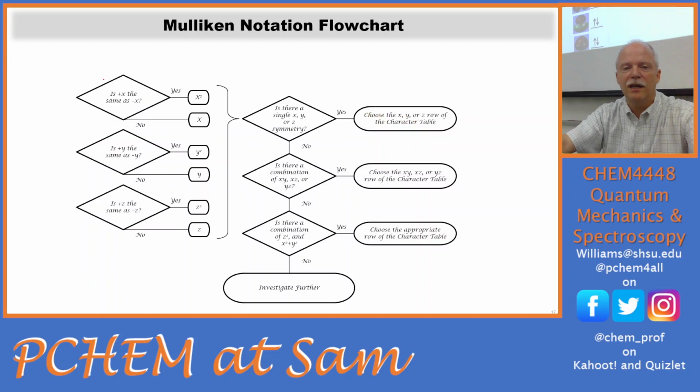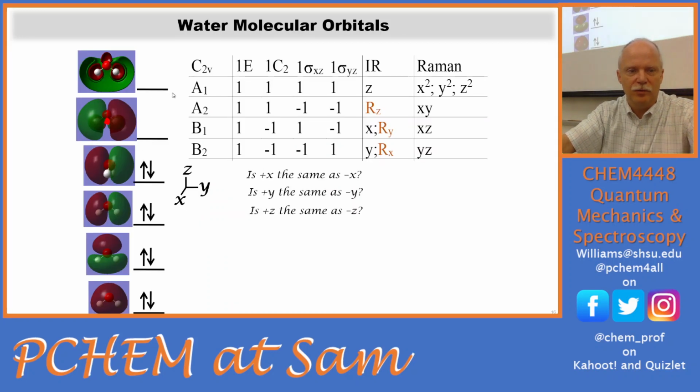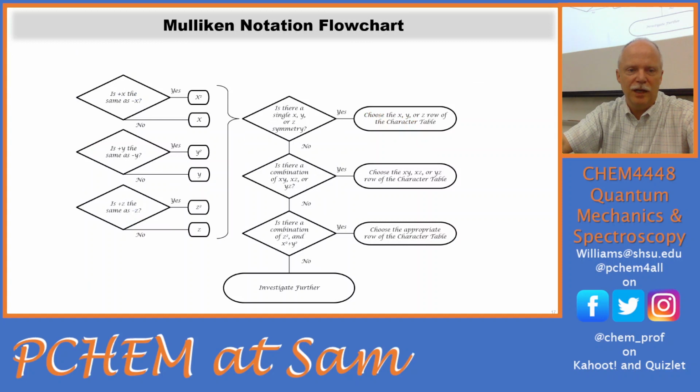What we're looking at in this flow chart is, is the positive X and the negative X direction the same? Yes, it might be X squared. No, it's X. In this particular orbital, yes, it was the same. I look out in the X direction, it looks the same forwards and backwards, and so that would be X squared.